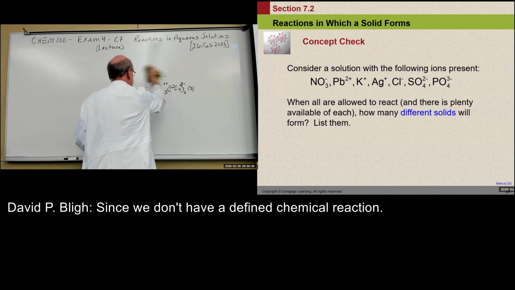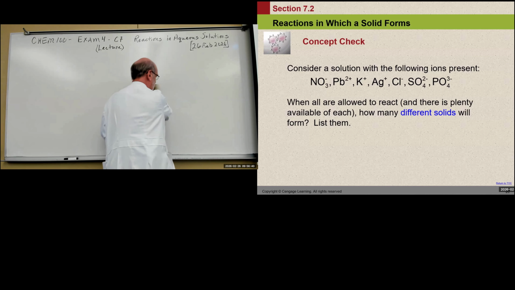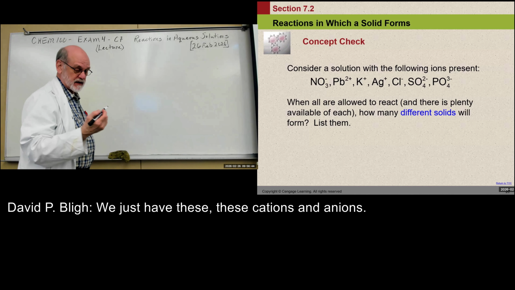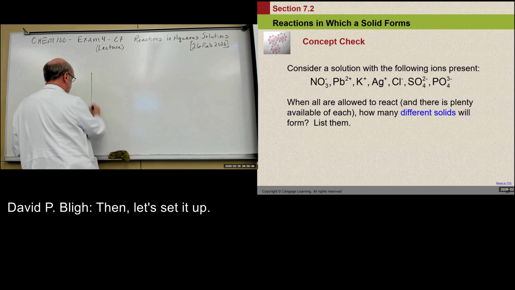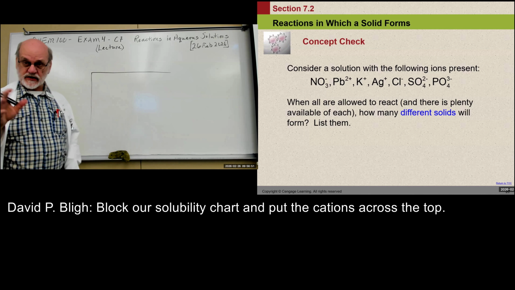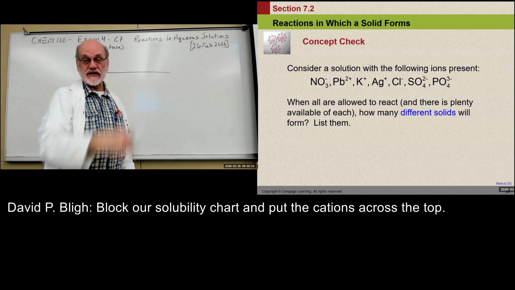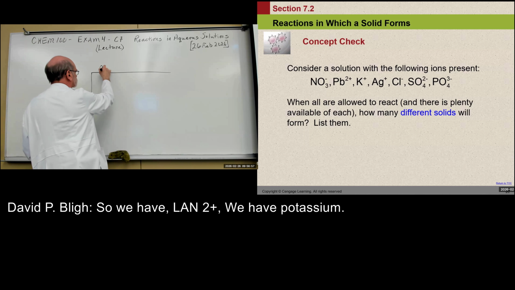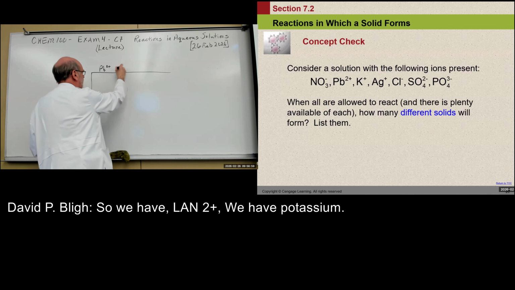Since we don't have a defined chemical reaction, we just have these cations and anions, then let's set it up like our solubility chart and put the cations across the top. So we have lead 2 plus. We have potassium.